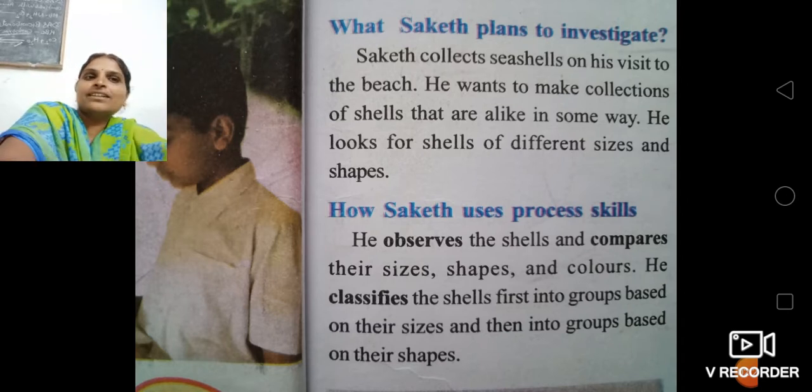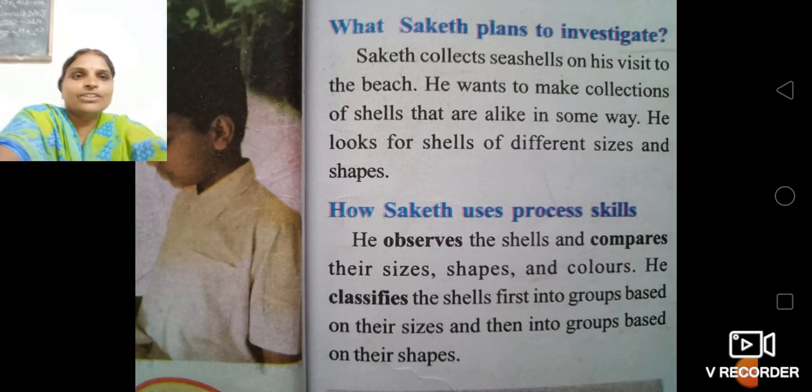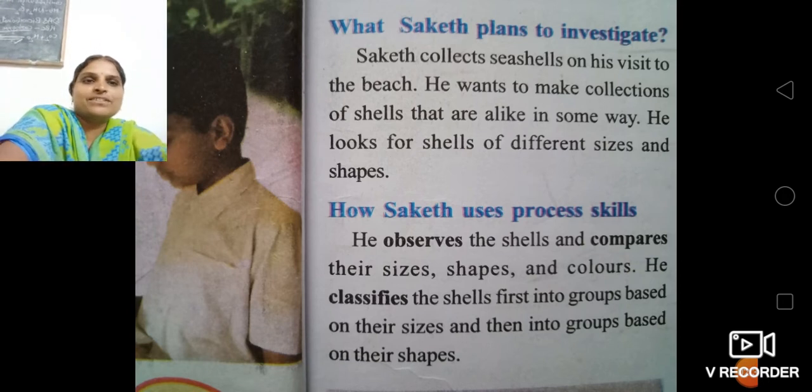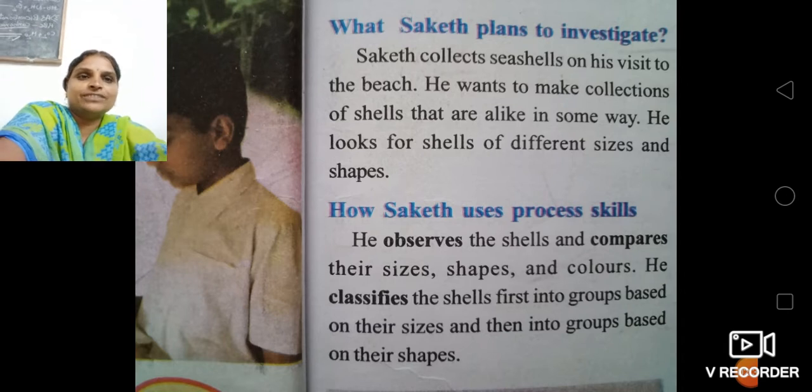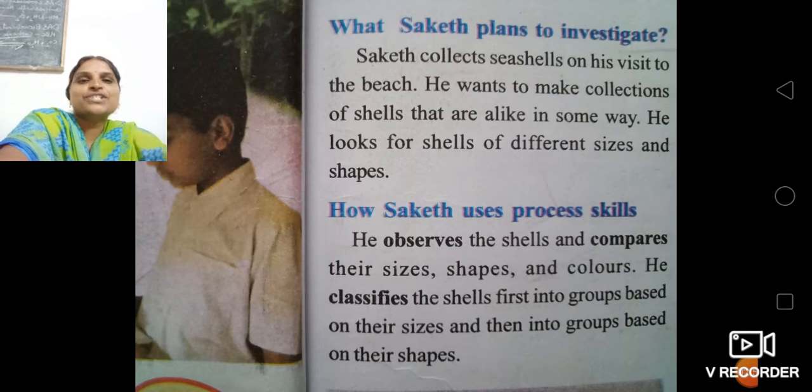How does Saket use process skills in this manner? He observes the shells and compares their sizes, shapes, and colors. He classifies the shells first into groups based on their sizes and then into groups based on their shapes.